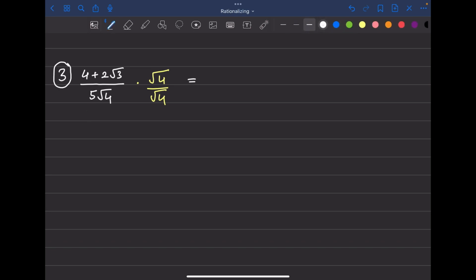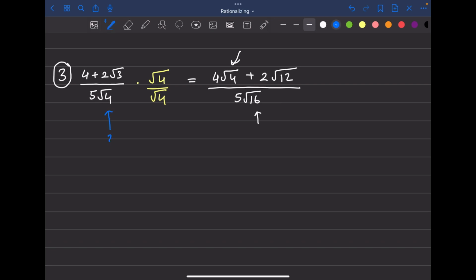So 4 times root 4 is 4 root 4, plus 2 root 3 times root 4 is 2 times root 12 over, and then 5 times root 4, 5 root 4 times root 4 is 5 root 16. But now you might ask, hold on, root 4 and root 16 are whole numbers, and this was kind of like a trick in the original question.